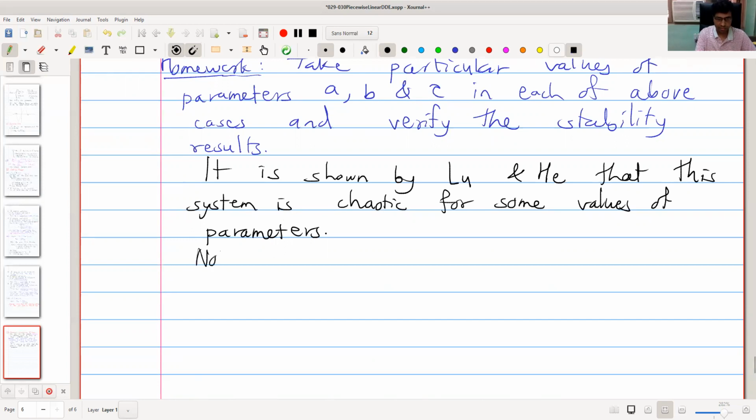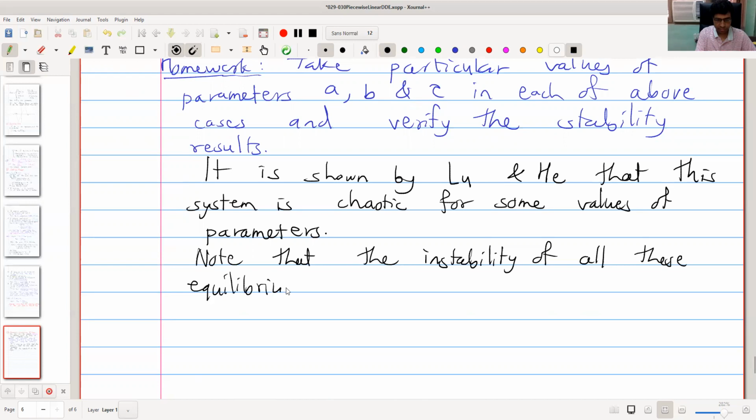Note that the instability of all these equilibrium points is a necessary condition for chaos.